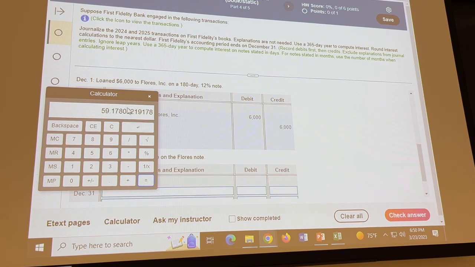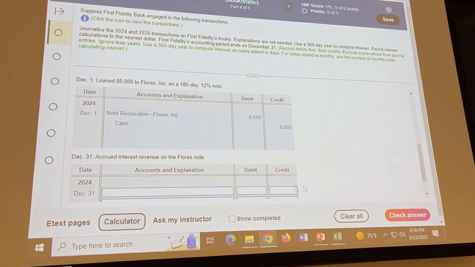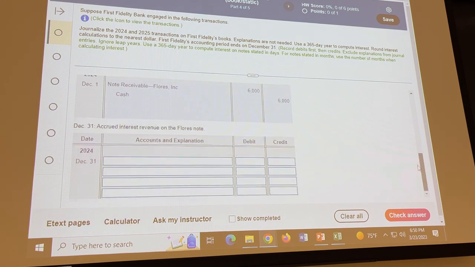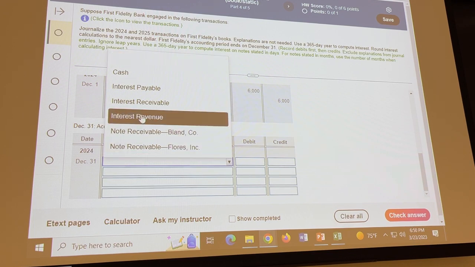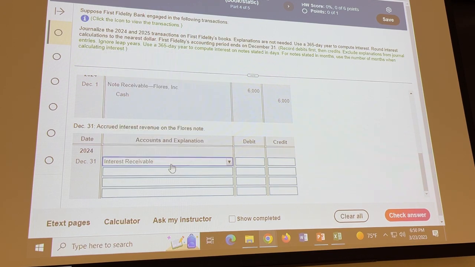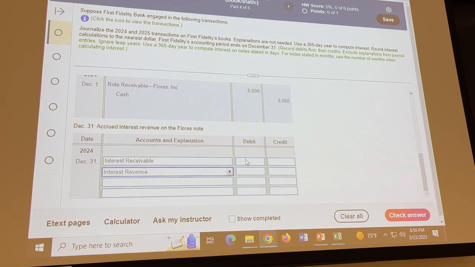So rounded to the nearest dollar, it would be $59 of interest that we need to accrue. So the account we debit would be interest receivable, and the account that we credit would be interest revenue for $59.